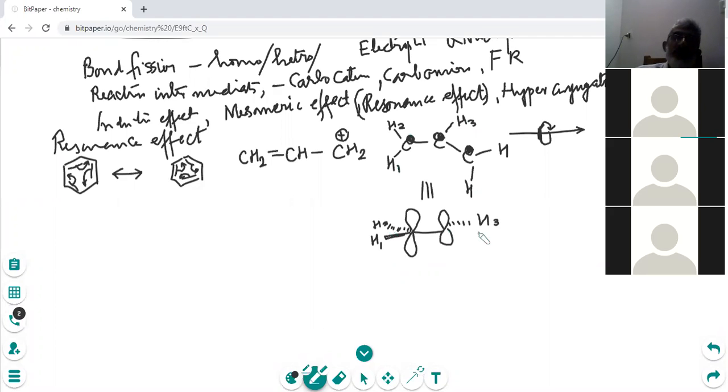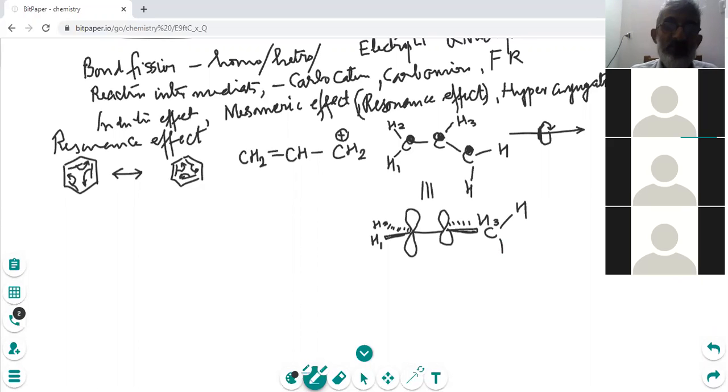So let me put it in this way. See. And these two are in this plane. No, not like that. I have to rotate it so that one is towards you, the other is away from you. Where is my rubber?